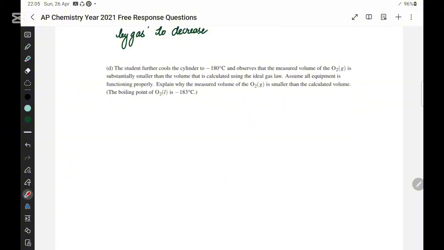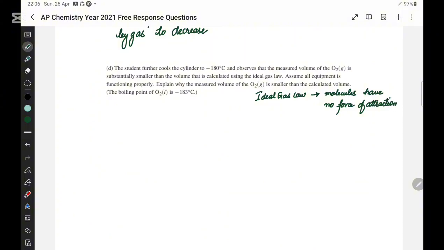The student further cools the cylinder to minus 180 and observes that the measured volume of O2 is substantially smaller than the volume calculated using the ideal gas law. The ideal gas law says that molecules have no force of attraction between them.